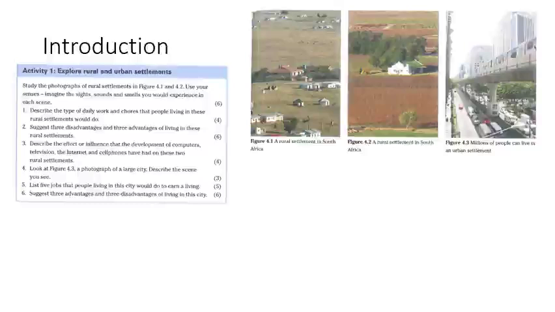Suggest 3 disadvantages and 3 advantages of living in these rural settlements. Specifically just the rural settlements. The advantages are the things that would draw people there or that are good things about that area, and for the disadvantages you're trying to list the bad items. Describe the effect or influence that the development of computers, television, the internet and cell phones have had on these 2 rural settlements.